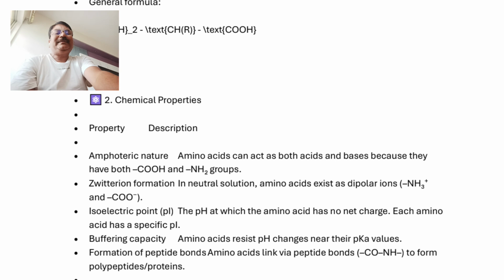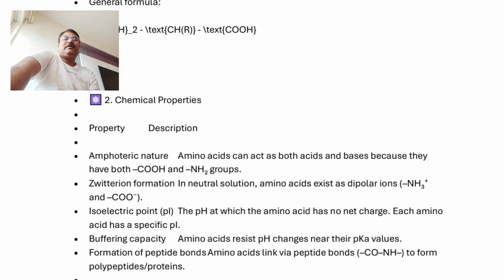So these are the chemical properties shown by various kinds of alpha amino acids. I will again repeat. These are amphoteric in nature, showing both groups, negative and positive. Zwitterion formation, that is neutral in solution.